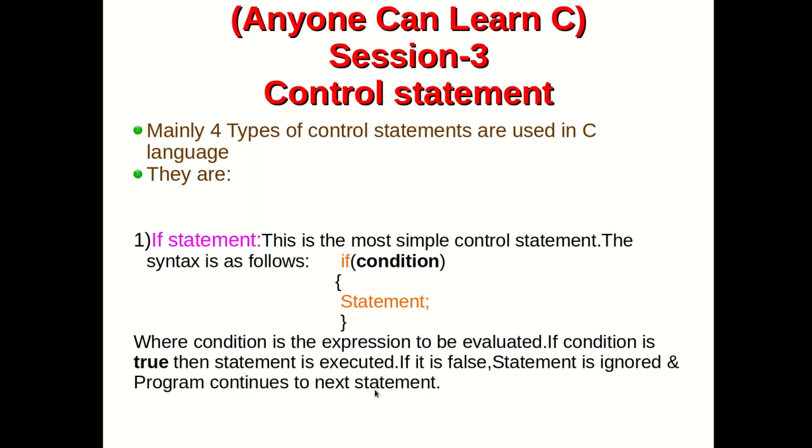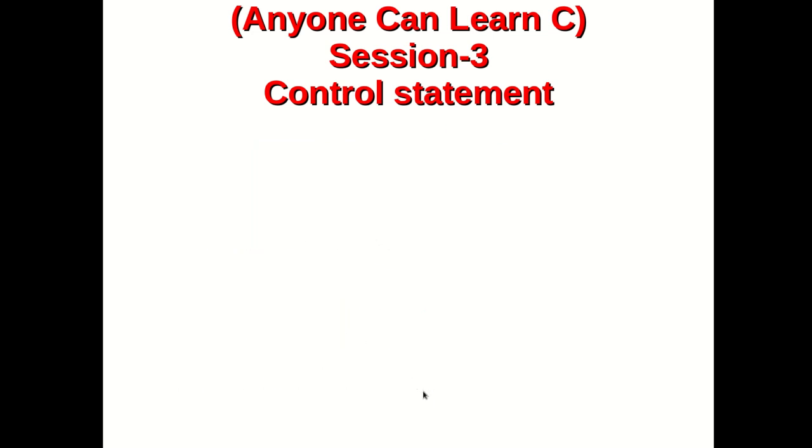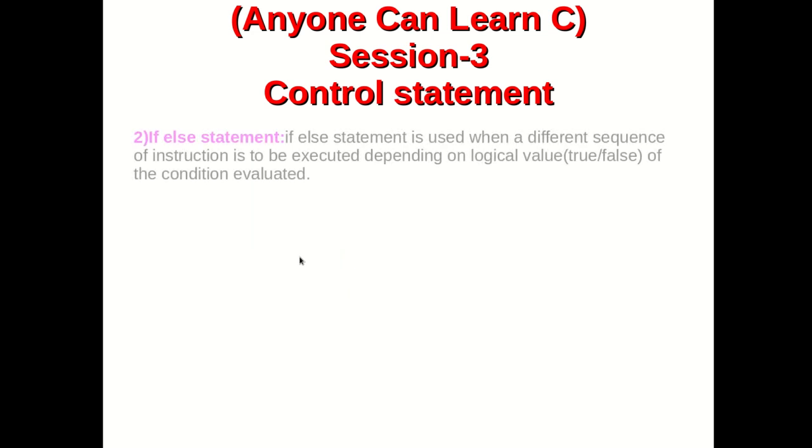So we are now going to our second part, that is the if else statement. The if else statement is used when a different sequence of instructions is to be executed depending on the logical value, true or false, of the condition evaluated. The syntax is as follows.